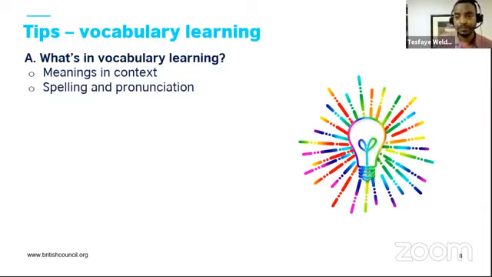L-I-V-E, for example. I can just show it to you here. This word here, L-I-V-E, has two pronunciations, but the same spelling. If you think it's only live, no.